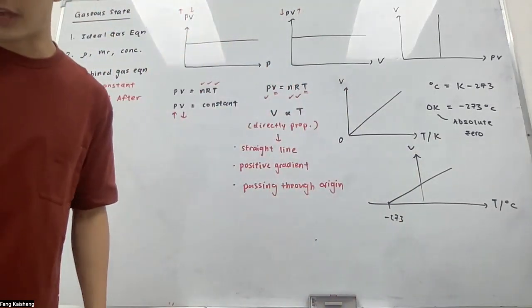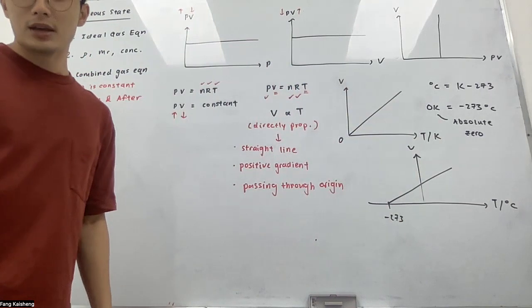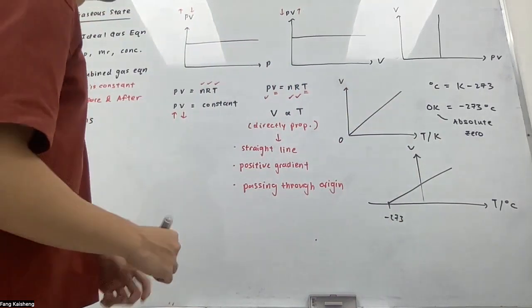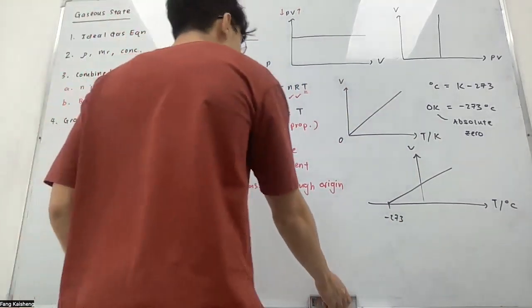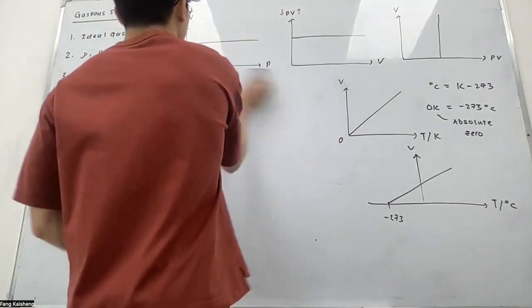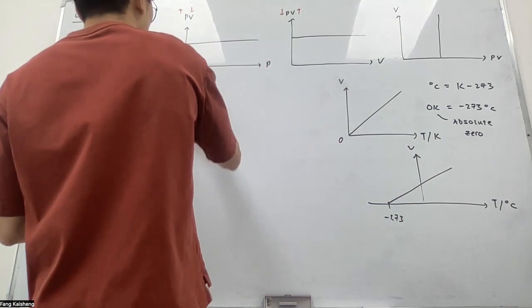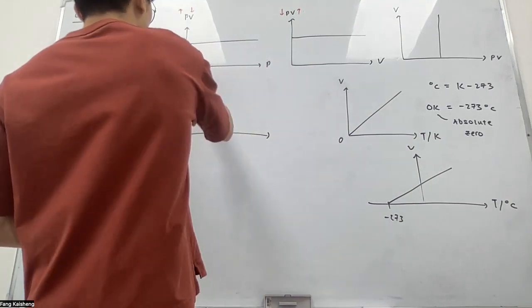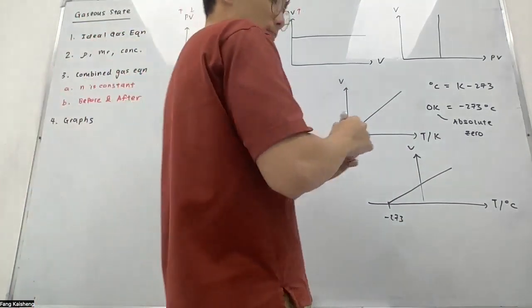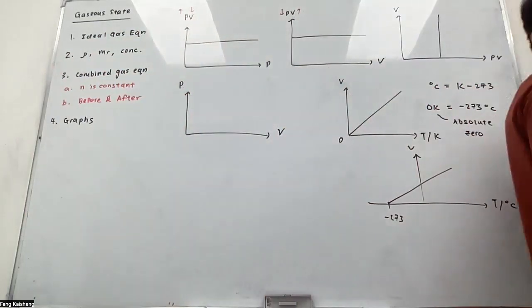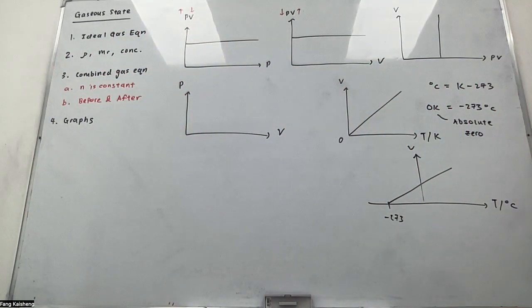The last graph is P against V. Can you all just draw that yourself? Try it, because I showed you two questions already. Incorrect. Common mistake.